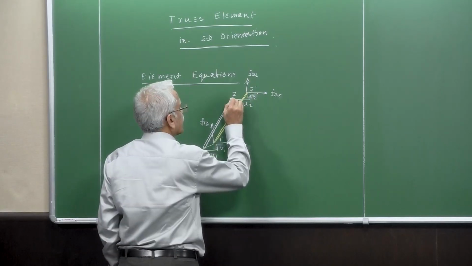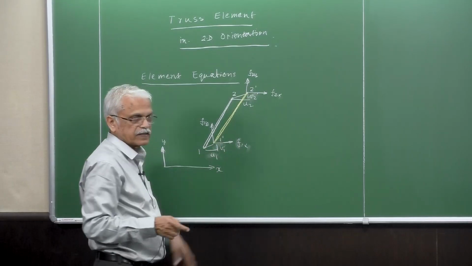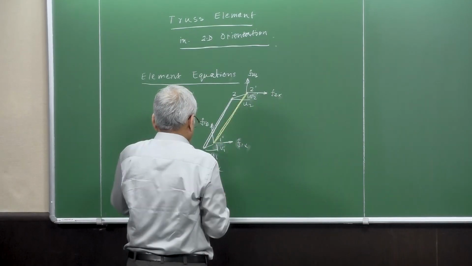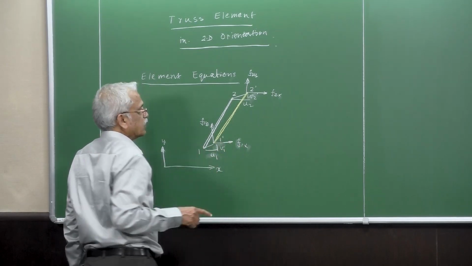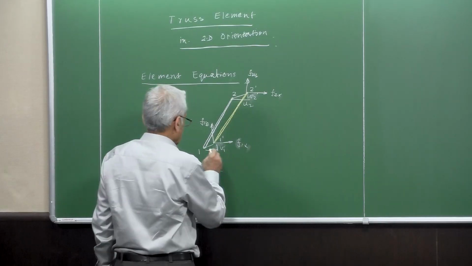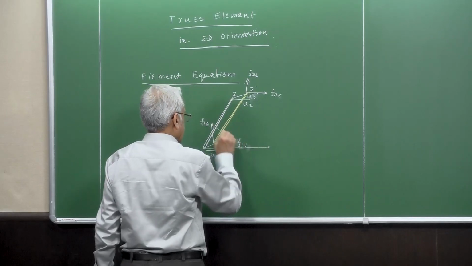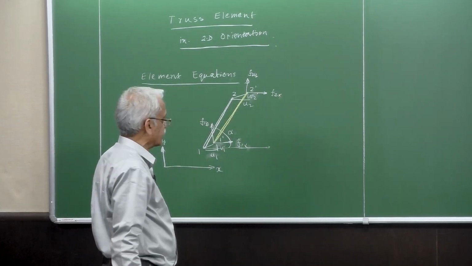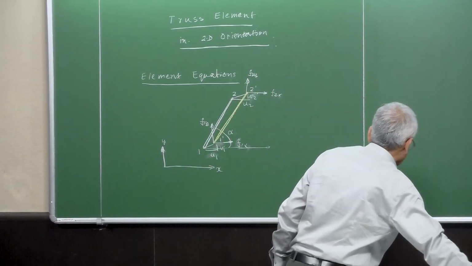So the movement of 1 to 1 prime and 2 to 2 prime is represented by the displacement components u and v. So what we are saying is that under the action of these forces, the nodes have gone from 1 to 1 prime. And let's also show that this truss is at an orientation, an angle of alpha. Okay, keep that in mind.